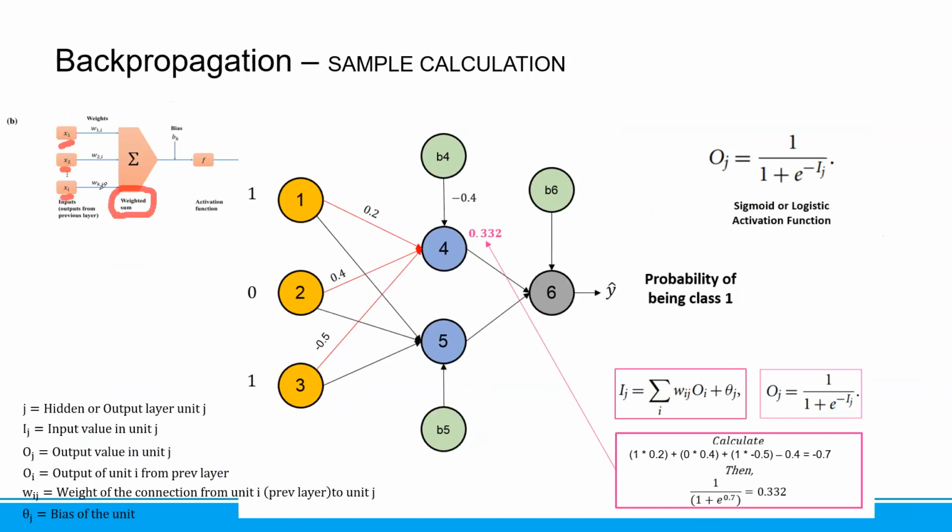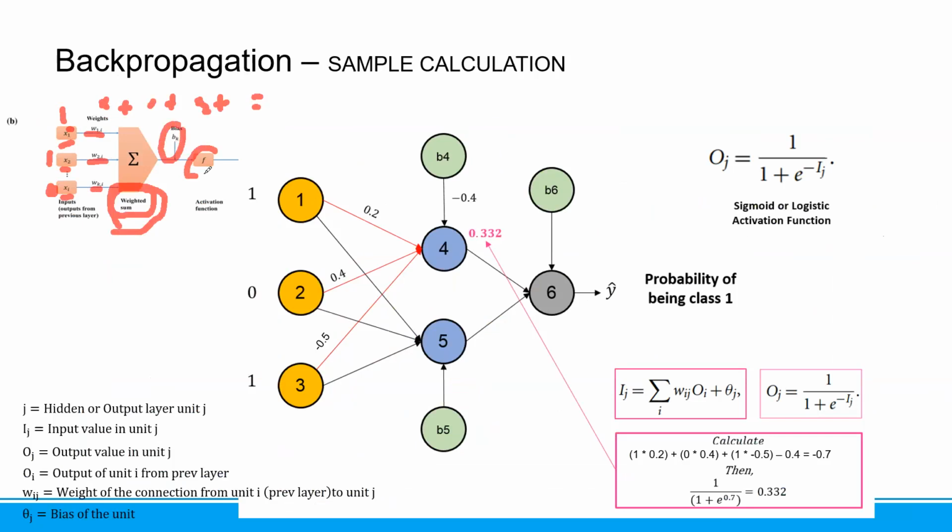If this value is 1, we multiply with the weight, and then plus. If this one is 0, we multiply with the weight, and then we do the summation. The summation for x1, x2, and x3, we call the weighted sum. And then we need to add the bias.